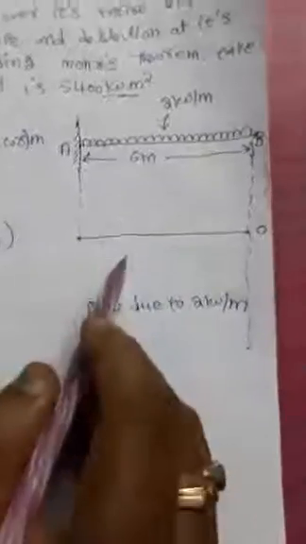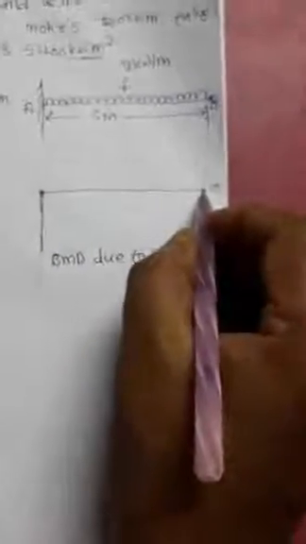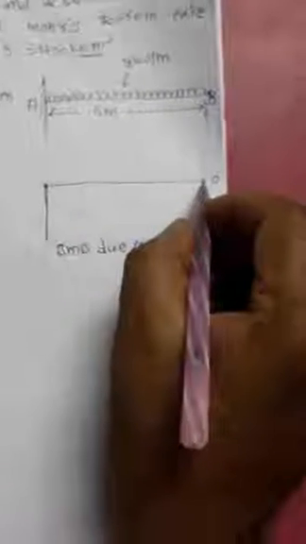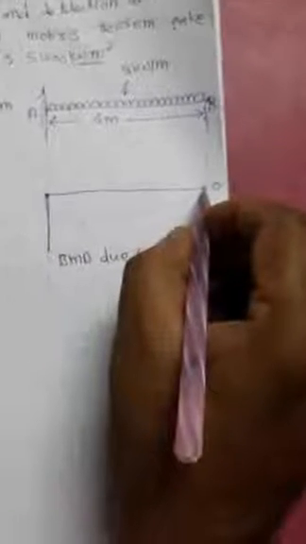And next, draw the BMD diagram. Here MB equals 0 and MA equals minus 36 kilonewton meter. The portion above the baseline is the positive zone and the portion below the baseline is the negative zone. So UDL gives a parabolic shape and a point load gives an inclined line.